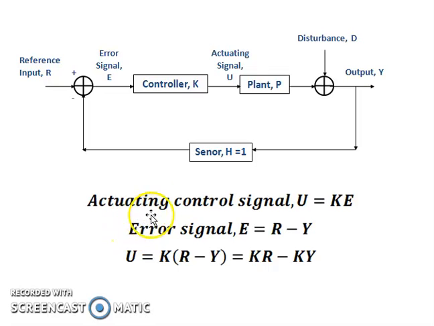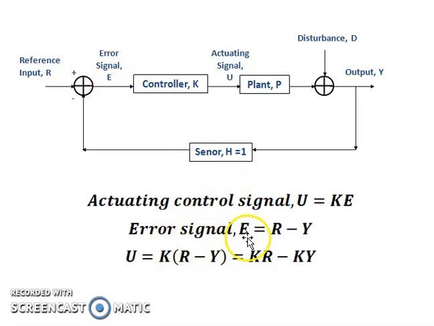Now, the actuating control signal U, which is the output of our controller K, is K multiplied by E, that is K times the error signal.